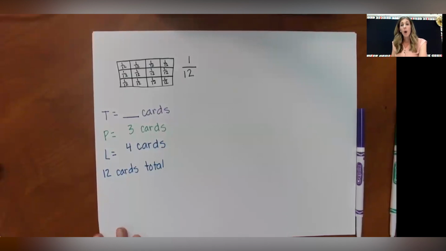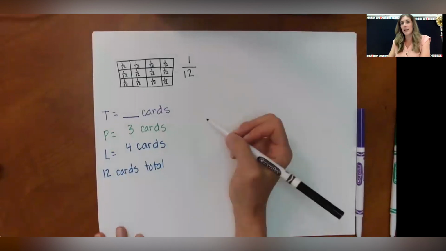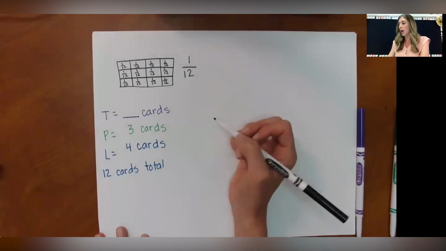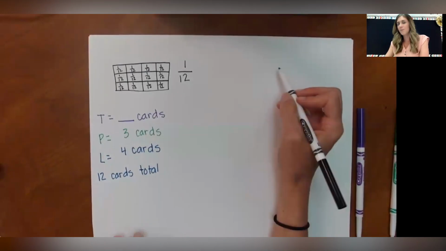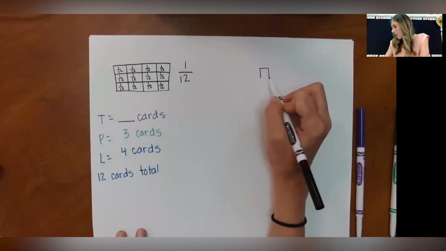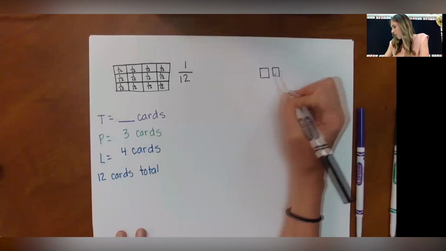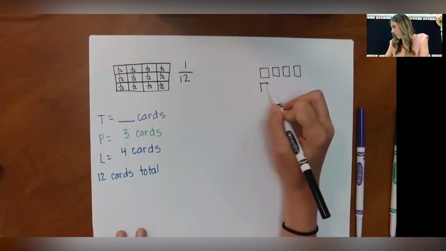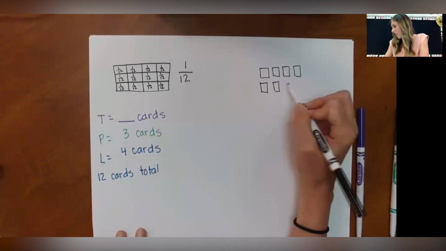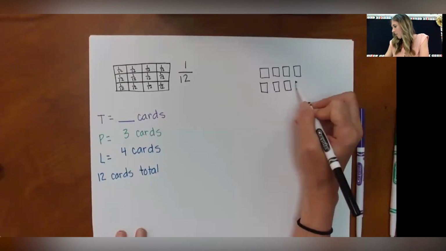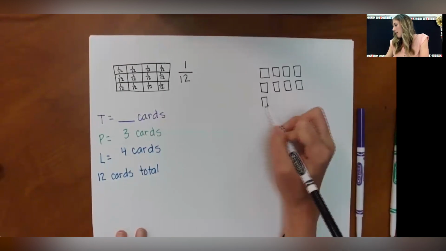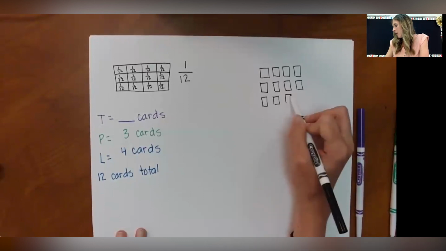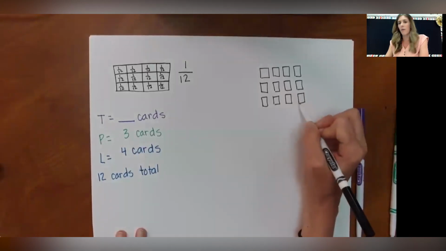So we could draw a model to help us visualize this. I'm going to try my best to draw 12 even squares, each square representing a card in the pack. 8, 9, 10, 11, 12.